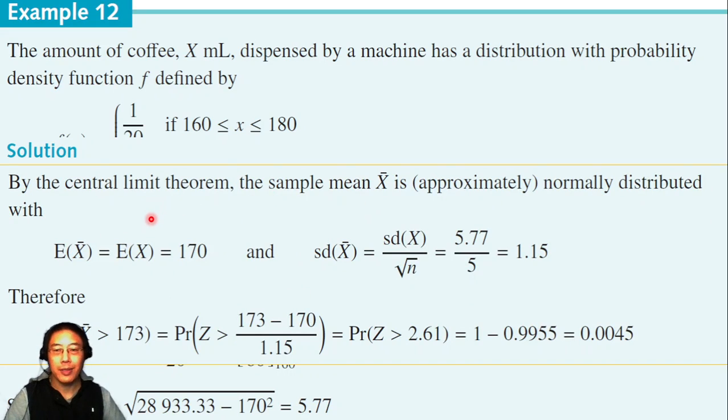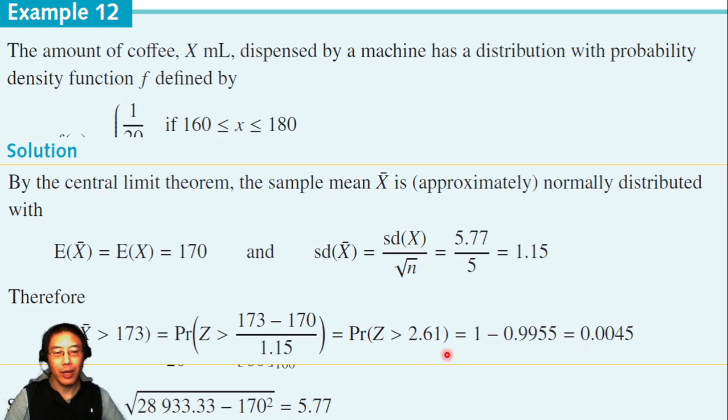Alright, we apply the central limit theorem. The sample mean is going to be a normal distribution. The expected value is the same. With the standard deviation, you need to divide by the square root of 25, which is the sample size. We get a new standard deviation. We need to find the probability of the sample mean being greater than 173. Using the expected value and the standard deviation, we standardize it.